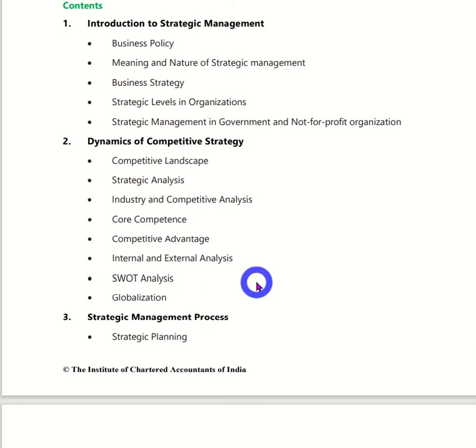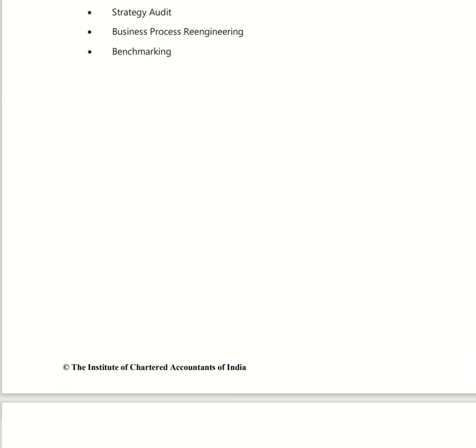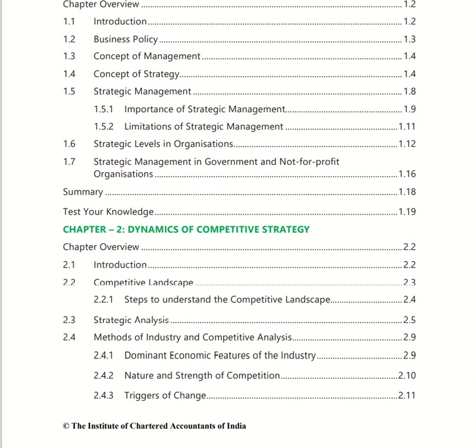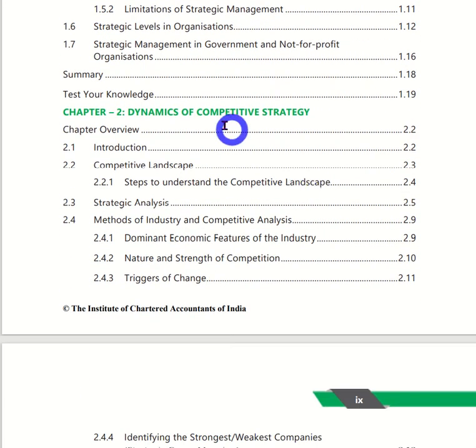Competitive landscape, strategic analysis, industry and competitive analysis, core competence, competitive advantage, internal and external analysis, SWOT analysis, and globalization. And if we move on from here to the following pages, we find the detailed contents where we will notice that under chapter 2, Dynamics of Competitive Strategy, we have some points listed here.